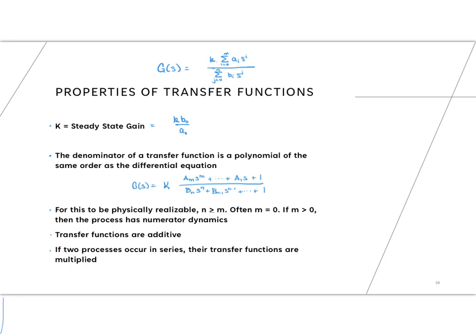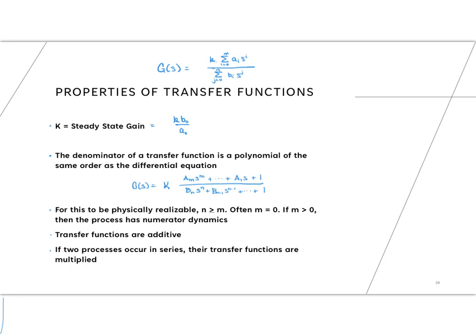Now, it turns out that I can definitely say that for any physical system, n has to be greater than or equal to m. It's not going to be physical if n is less than m. So we're going to have a larger polynomial in the bottom than in the top.